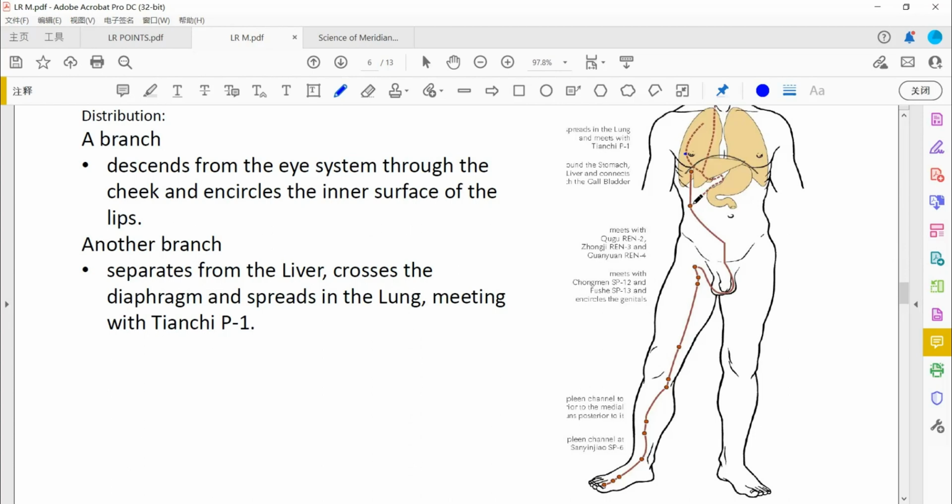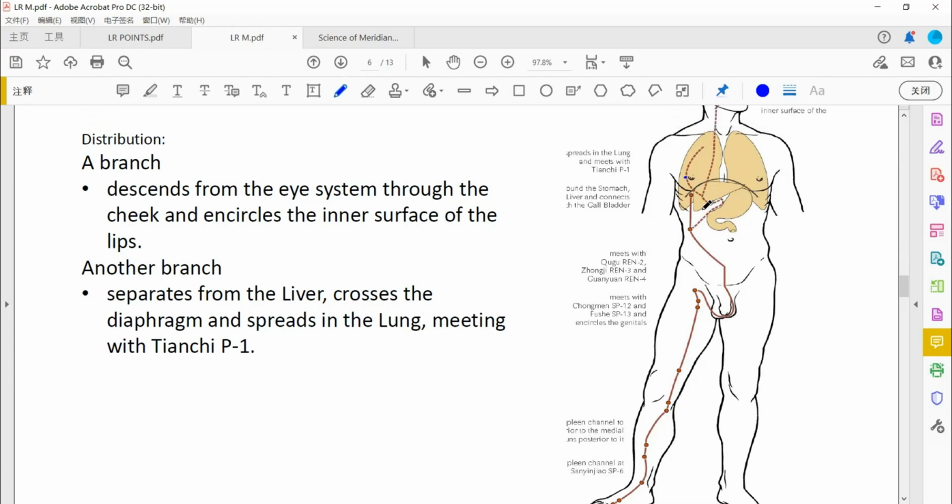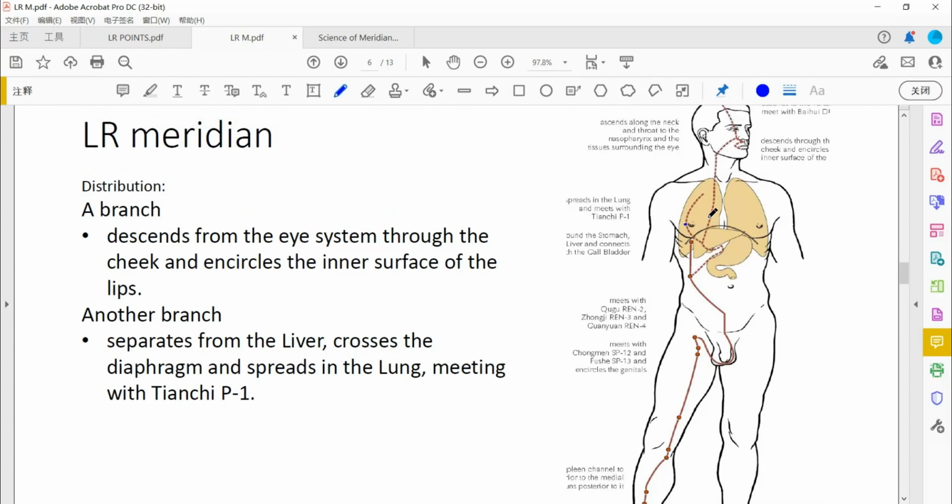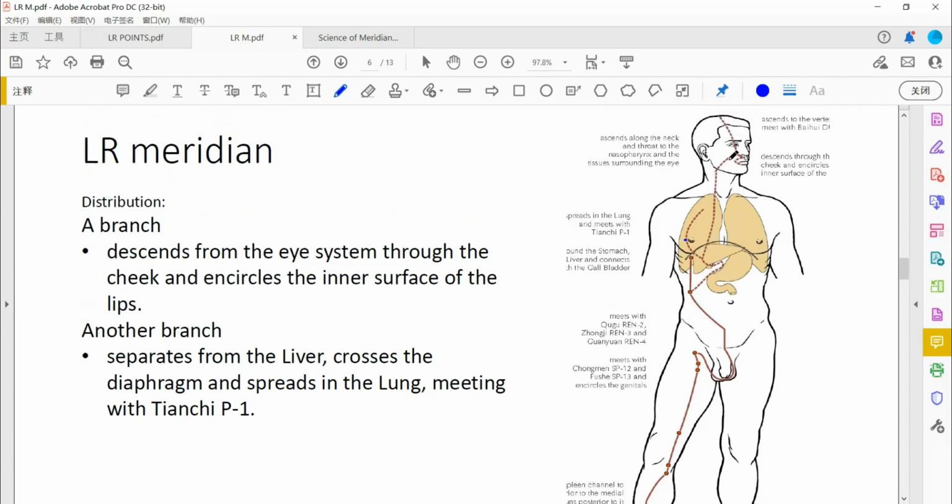And there's a branch that goes to the stomach, goes to the liver and the gallbladder, then goes up to the eye system, continuing to the vertex of the head, 百会, GV20.